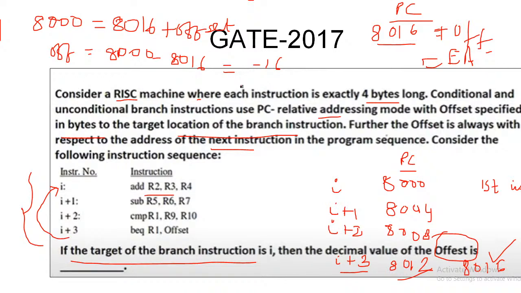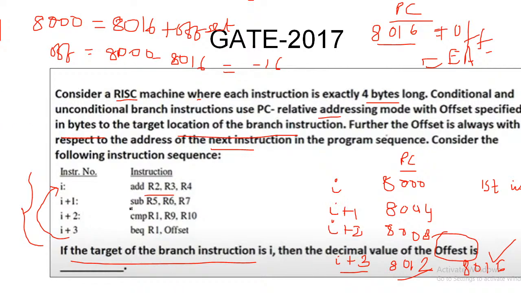This question is not an old question, it's a recent question. This type of question, they will not simply give one piece of code and ask what the effective address is or what the operand value in the accumulator is. They will give you a descriptive type of question, and they will ask you to submit all of this.